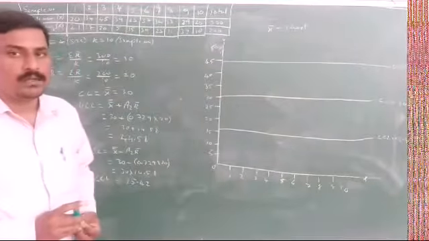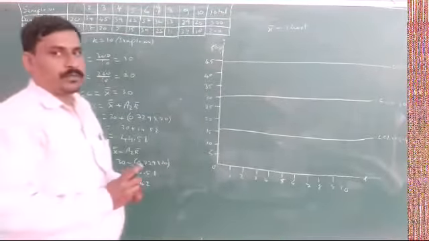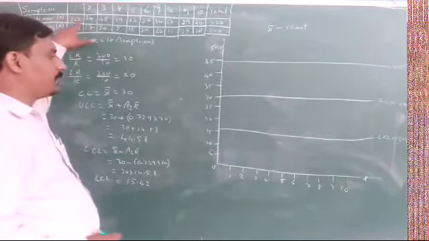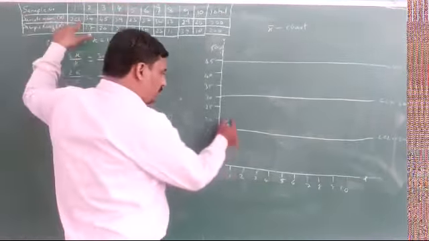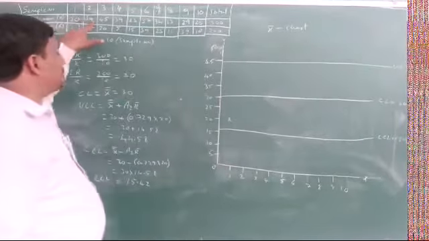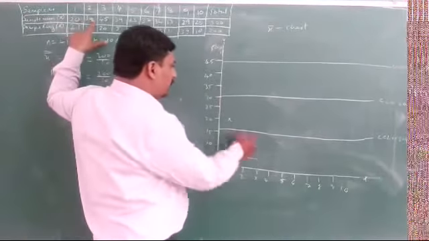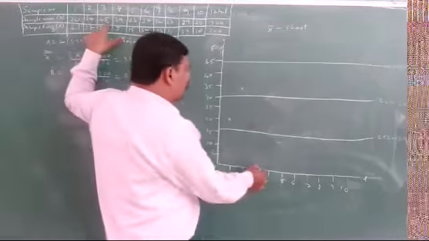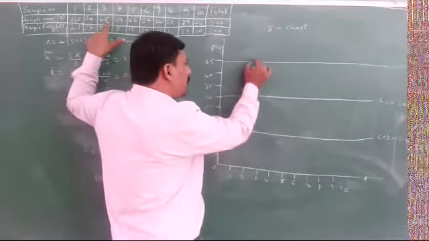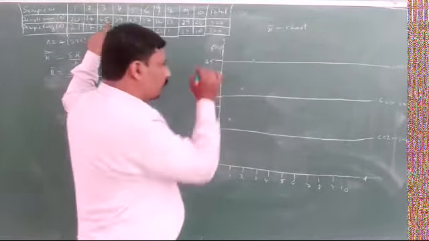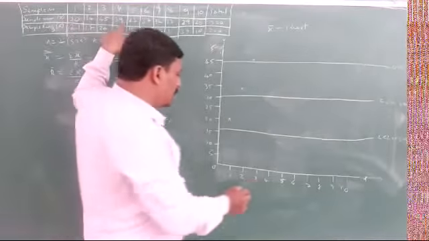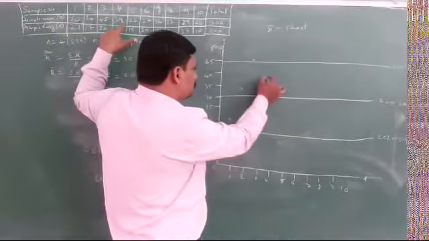Now plot all the values in the graph here. The first sample X bar is 20. Second sample 34. Third sample 45, just above the upper control limit line. Then the fourth sample 39.